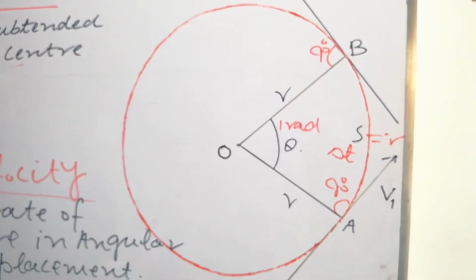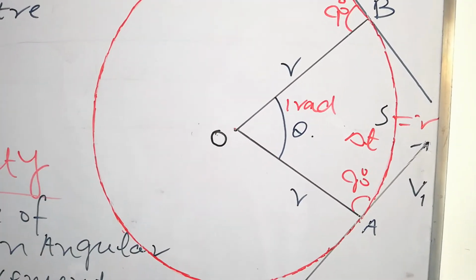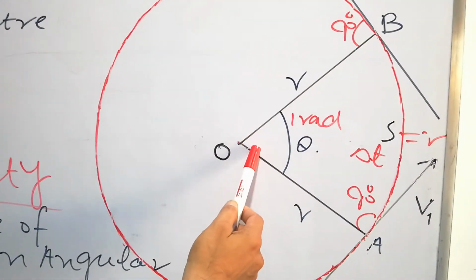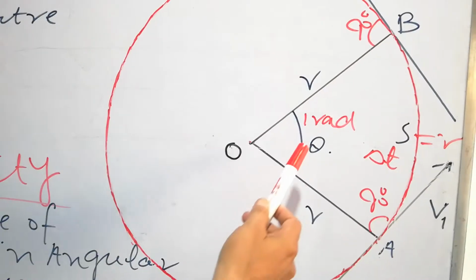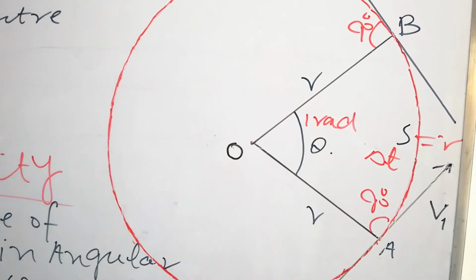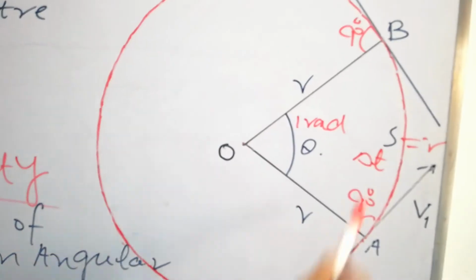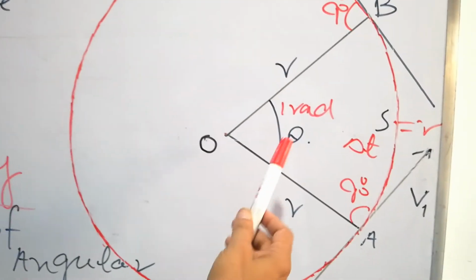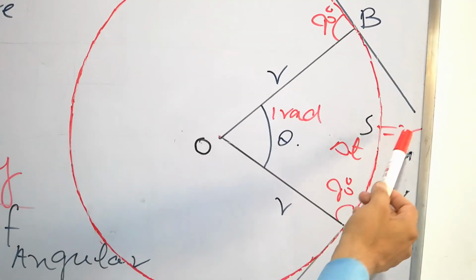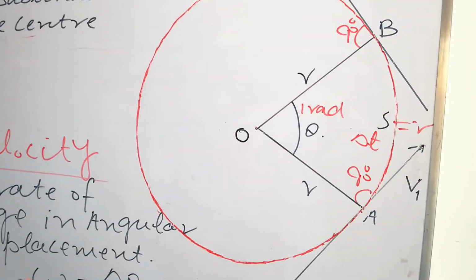Angular displacement is the angle subtended by an arc at the center of the circle, noted by theta, and its SI unit is the radian. The angular displacement is said to be 1 radian if the arc length S is equal to the radius of the circle.